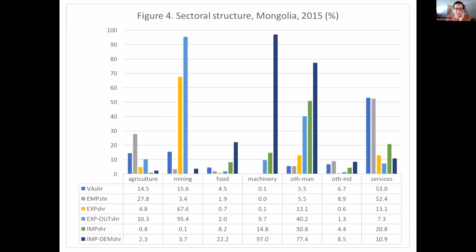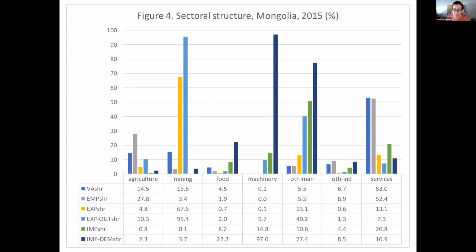Something about Mongolia as we are capturing the economy in the social accounting matrix. This is data for 2015. Here we have data on shares of value added, employment shares, export shares, and import shares. We also have data on the ratios of exports to output and imports to demand.